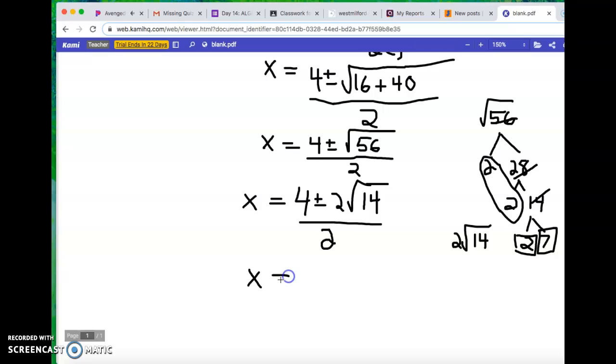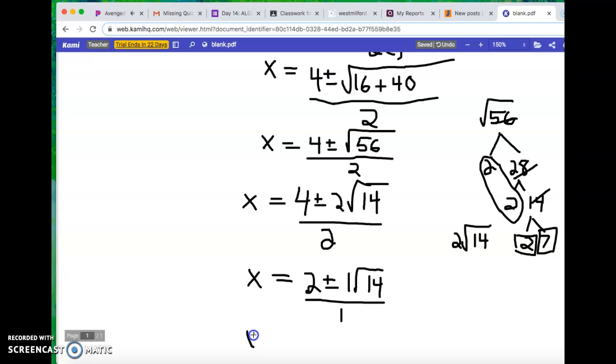All right, so dividing that 4 by 2, we get a 2 in front. And the 2 in front of the radical divided by 2 is going to be a 1. Right, radical 14 does not get touched. That's a different number, it just stays by itself. And the 2 on the bottom is divided by 2, which is 1.